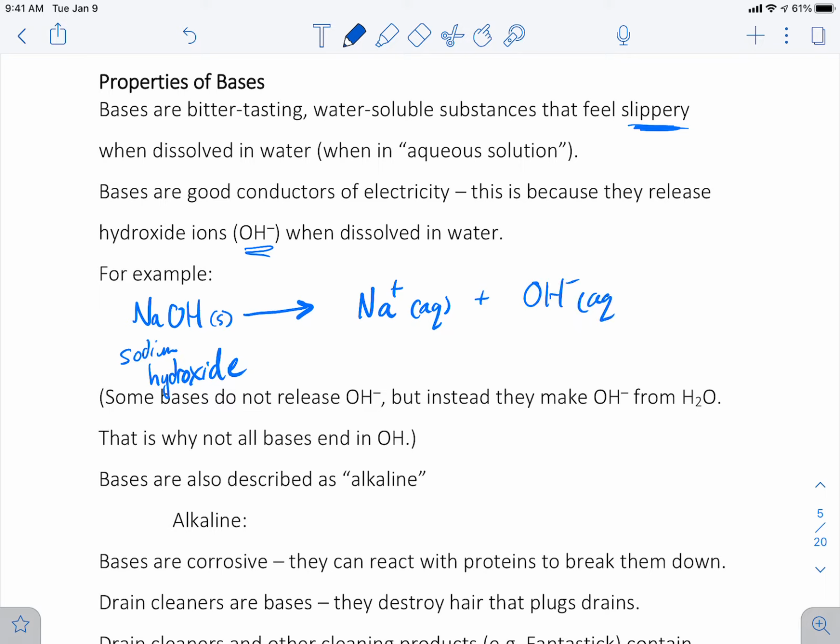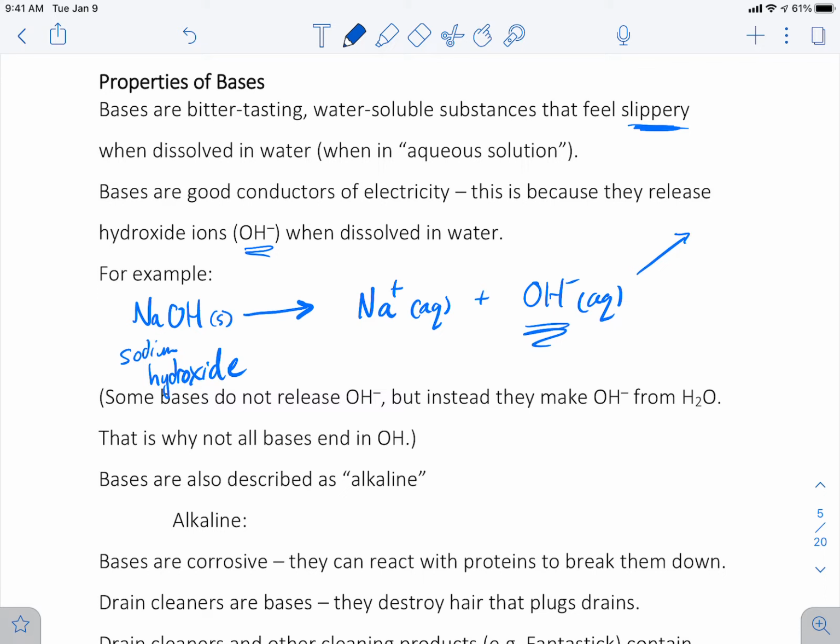And these hydroxide ions are very special because there are lots and lots of different chemicals that react with hydroxide. And so this makes bases a very reactive material. Any of the materials that produce hydroxide will be reactive, and particularly they are reactive with hydrogen or protons.